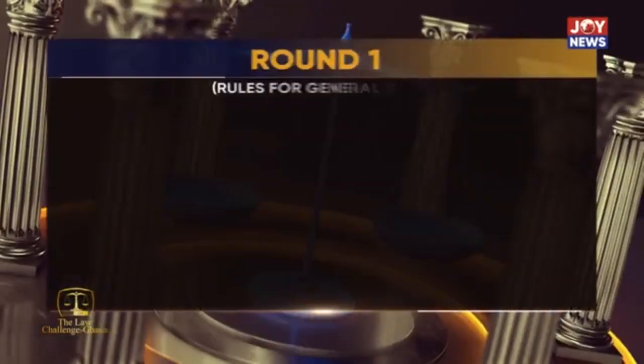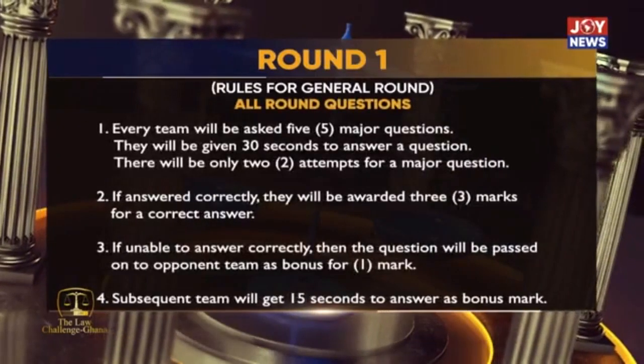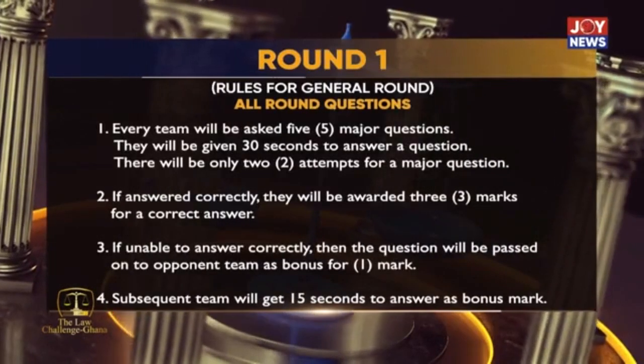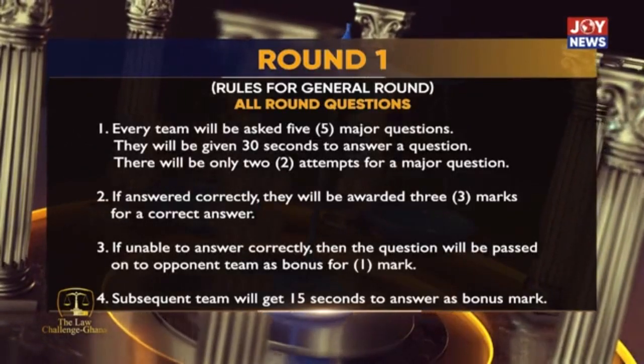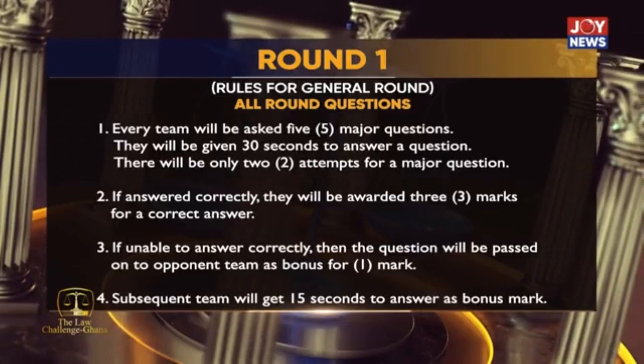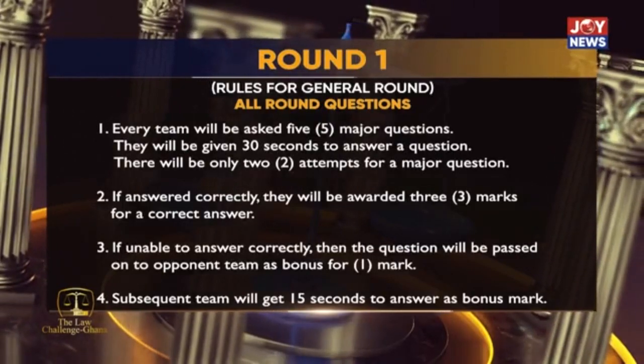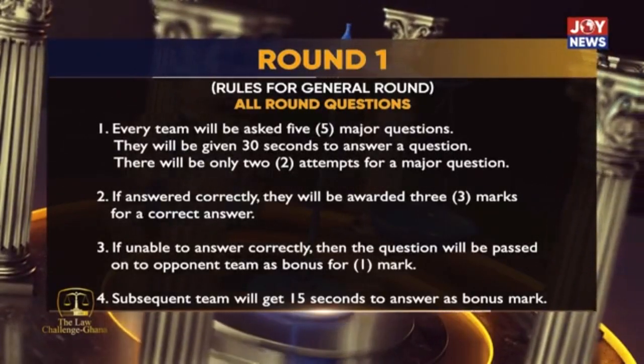And this is the fifth contest. In the first round, the rules remain the same. You will be asked 5 questions, and you have 30 seconds to answer a question. There will be only 2 attempts for a major question. If you answer correctly, you will be awarded 3 marks.